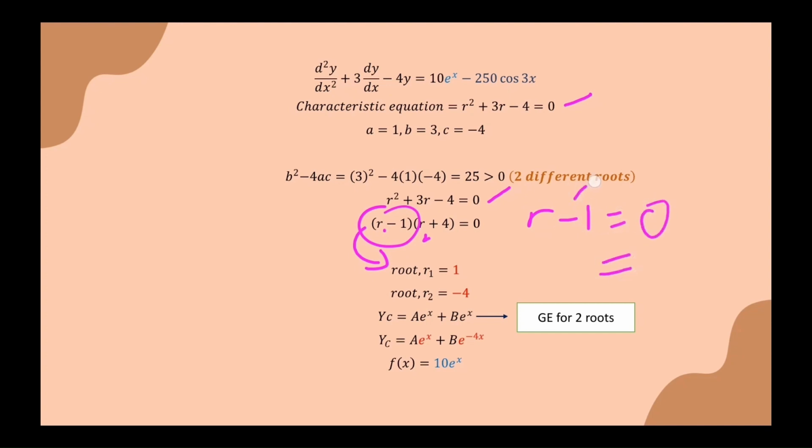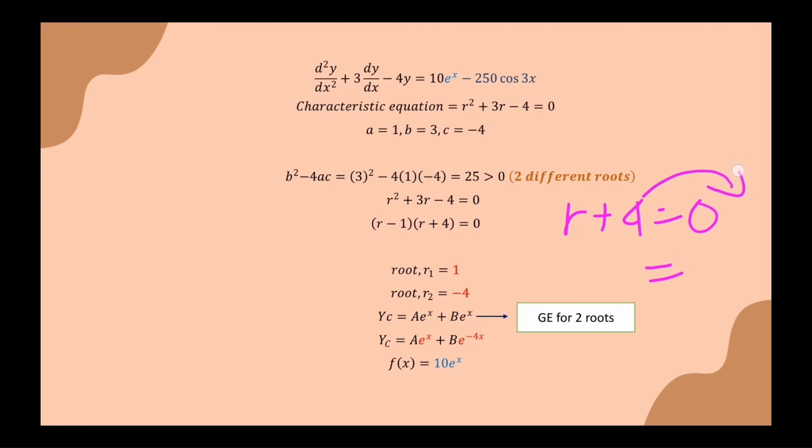When you bring this minus 1 over, it turns into positive 1, which means r1 is equal to 1. As for r2, r plus 4 equals 0. When you bring this 4 over, you get r equals minus 4. So r2 is equal to negative 4.